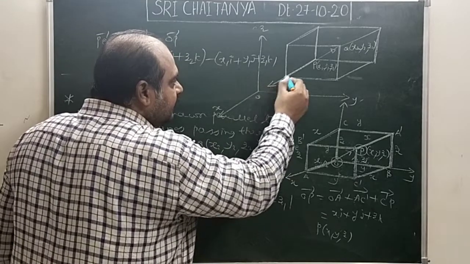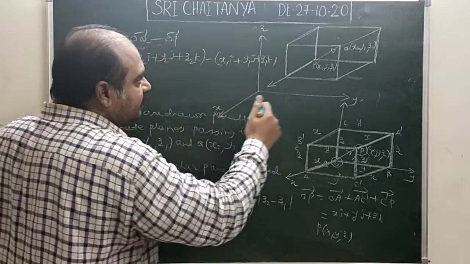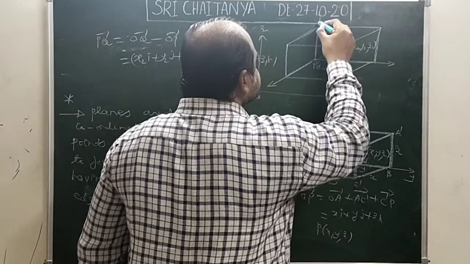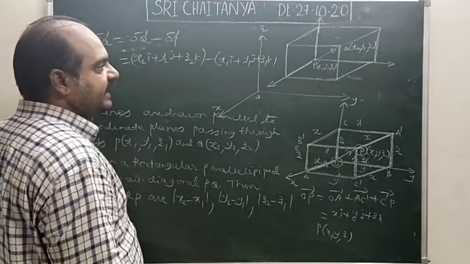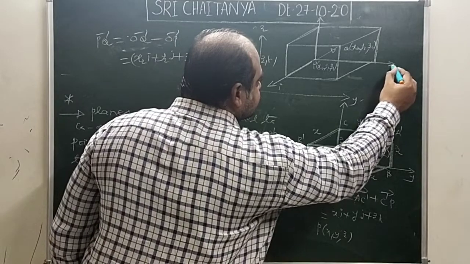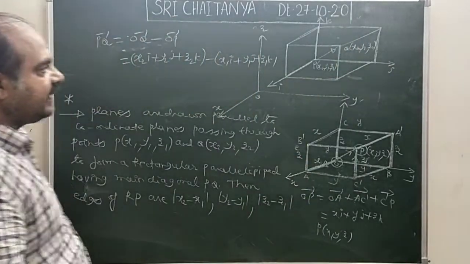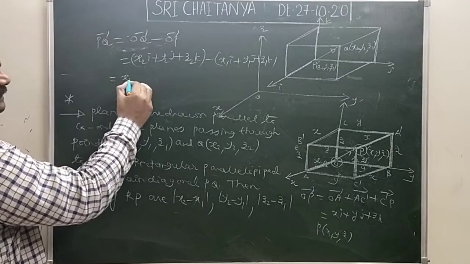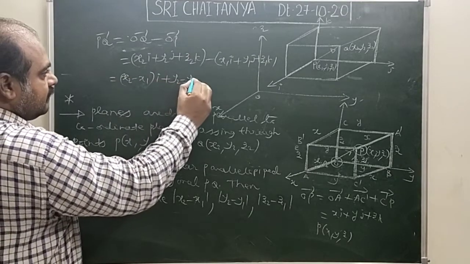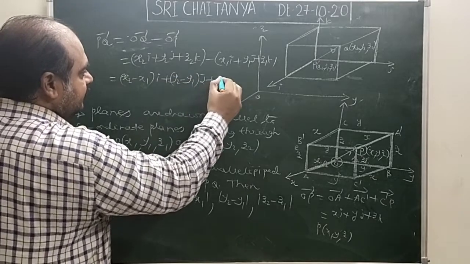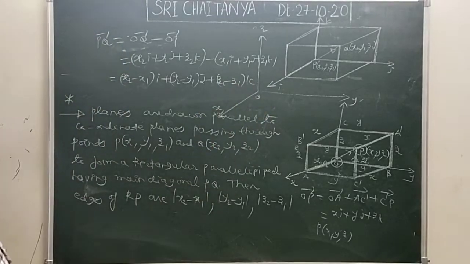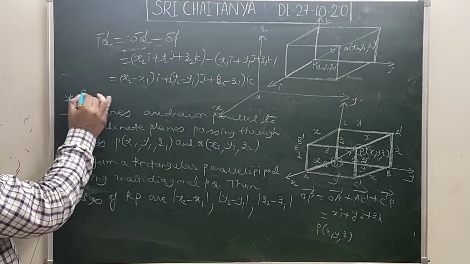This line will be parallel to the x-axis, this line will be parallel to the y-axis, this line will be parallel to the z-axis. That means along this the unit vector is i, along this j, along this k. That means this is nothing but (x2 minus x1) i plus (y2 minus y1) j plus (z2 minus z1) k. Therefore, edges.